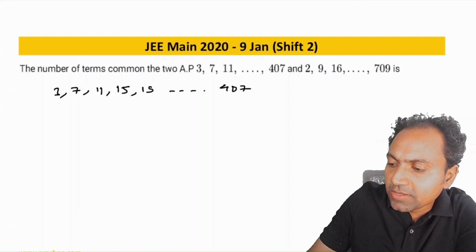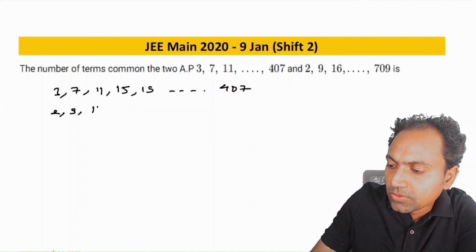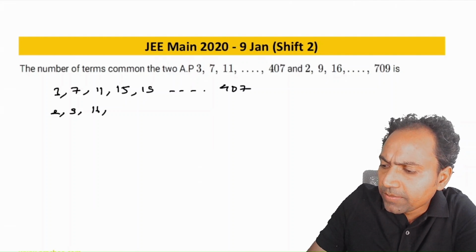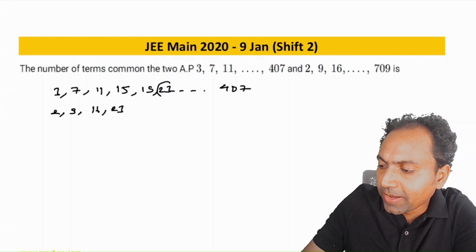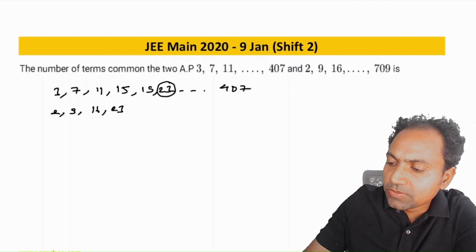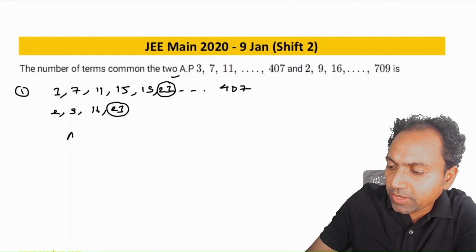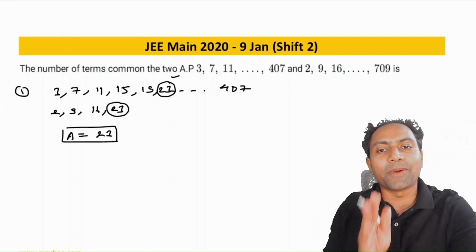If you start with the other, it is 2, then 9, so we are adding 7. If I add 7 again, it will become 23. And you can see that if I physically match, the next term in my first series is also 23, so it is matching. So this is the first step, figuring out the value of capital A. Capital A comes out to be 23, and it needs to be done manually by observing.